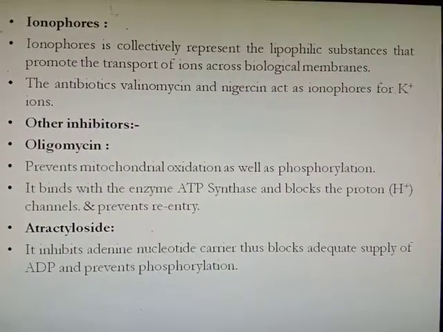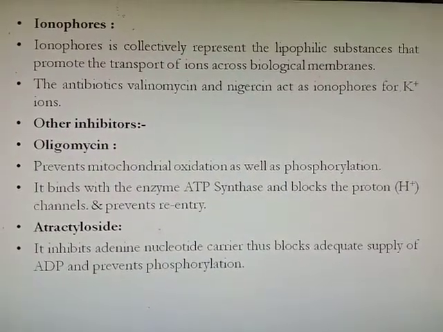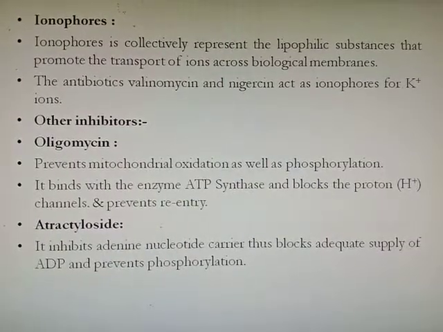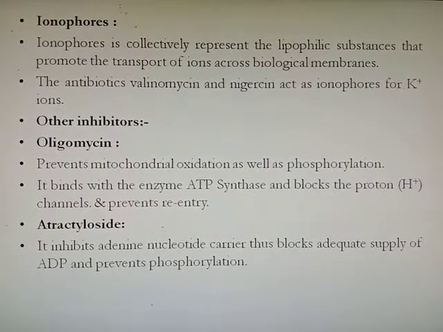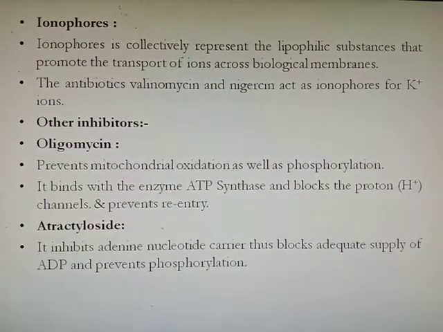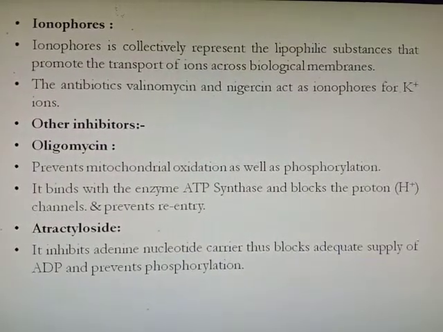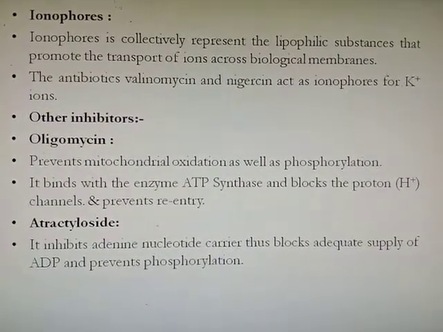Then ionophores. Ionophores collectively represent the lipophilic substances that promote the transfer of ions across the biological membrane. The antibiotics valinomycin and nigericin act as ionophores for potassium ion. Other inhibitors are oligomycin, which prevents the mitochondrial oxidation as well as phosphorylation.